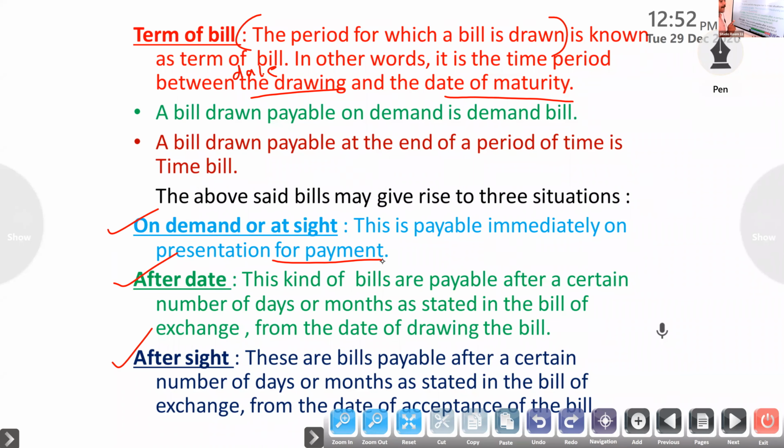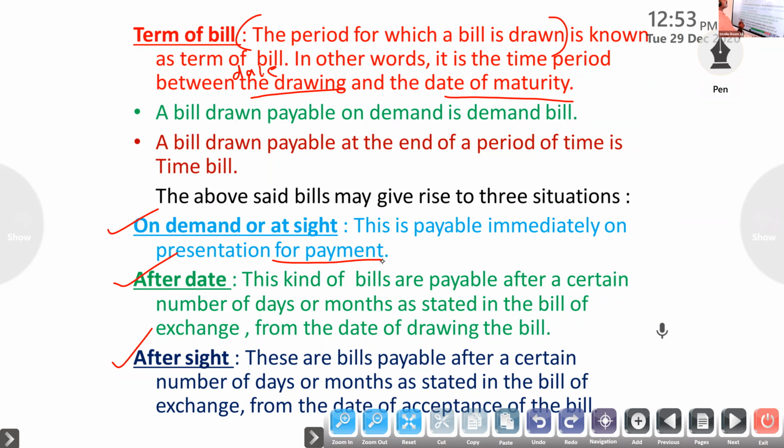So whenever I demand the amount, he has to give. No time period is there. No month is there. No days is there. Whenever I demand, he has to give the amount to me. That is bill on demand or bill at sight.